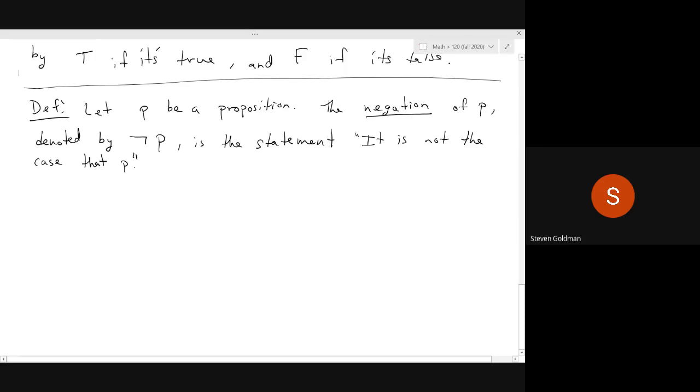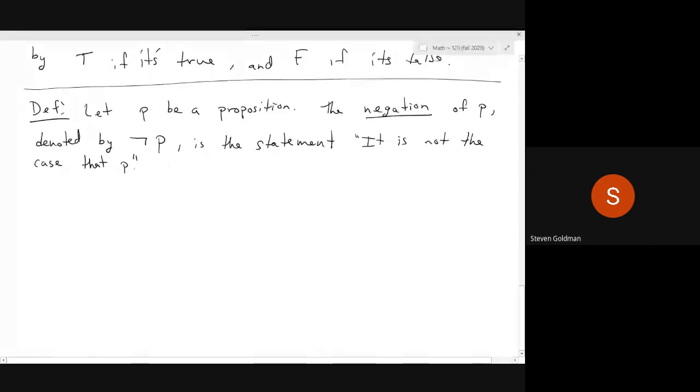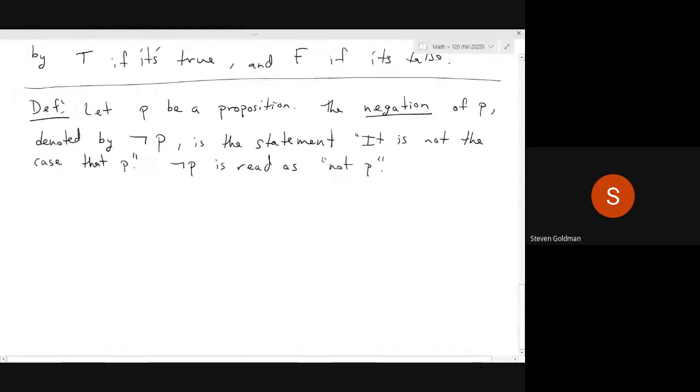It's a new sentence that's also a proposition. It's the sentence, it is not the case that P, whatever P is. So this is read as not P, as I said before.